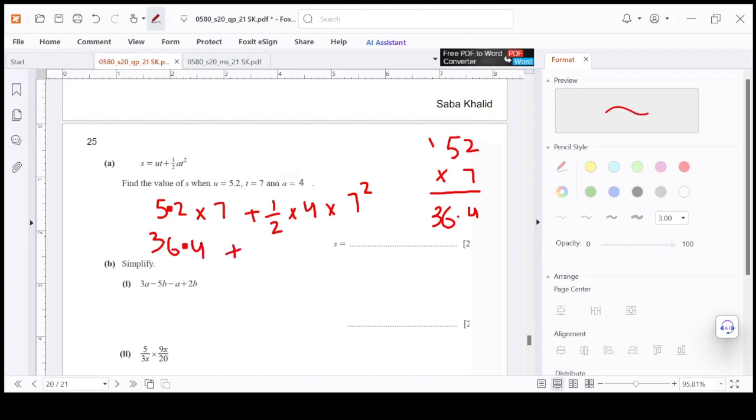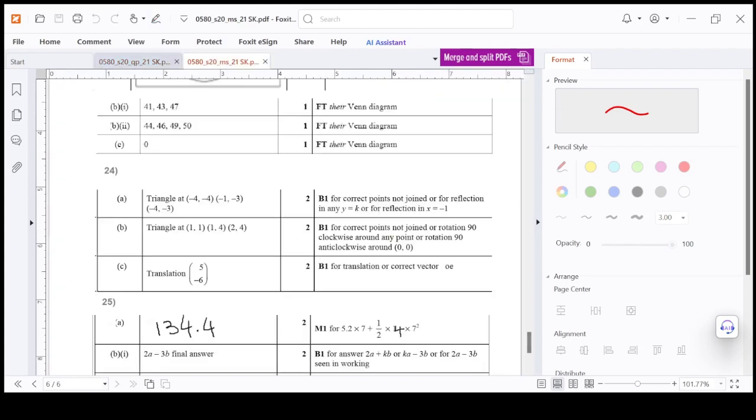Plus, I'm going to cancel this and this. We get 2. That's 49 doubled. That's going to be 98, I believe. Plus 98. Now add these up. 0.4 and then 8 and 6 gets added. That gives us 14, 1 carried. 9, 10, 11, 12, 13. I'm getting 134.4, which is right.